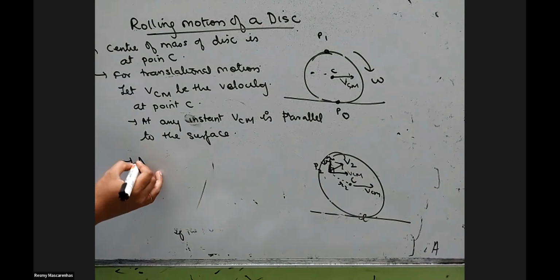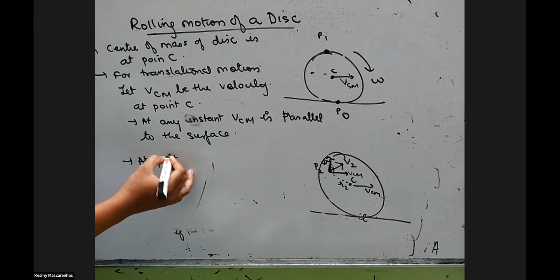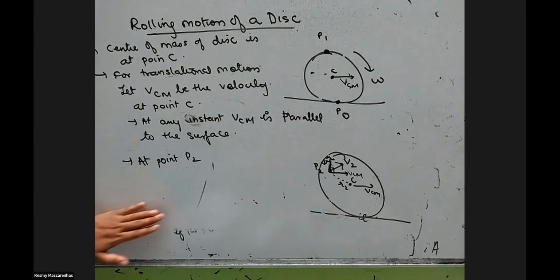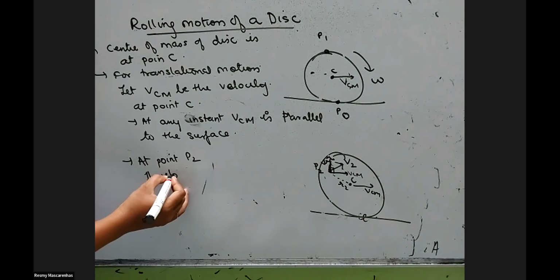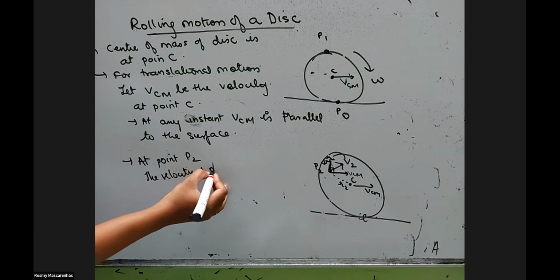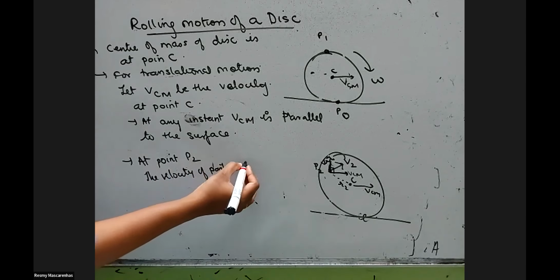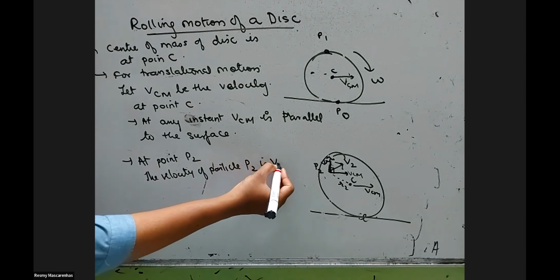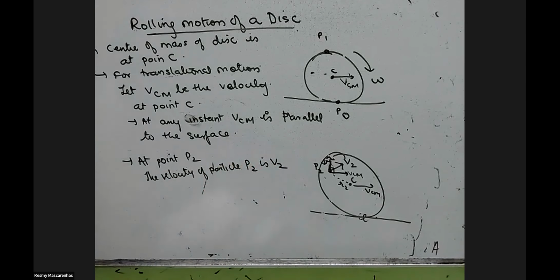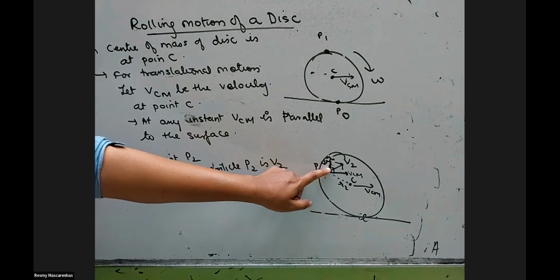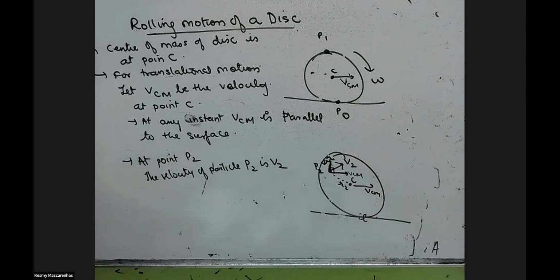So at point P2, the velocity of particle P2 is V2. We are just assuming that the velocity of the particle is V2. Now the particle is not only moving forward, it is also trying to rotate.